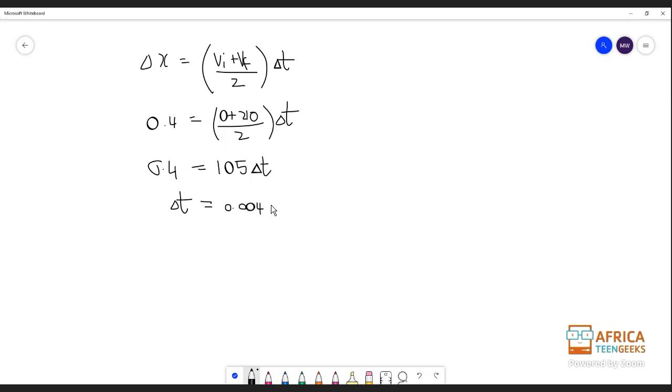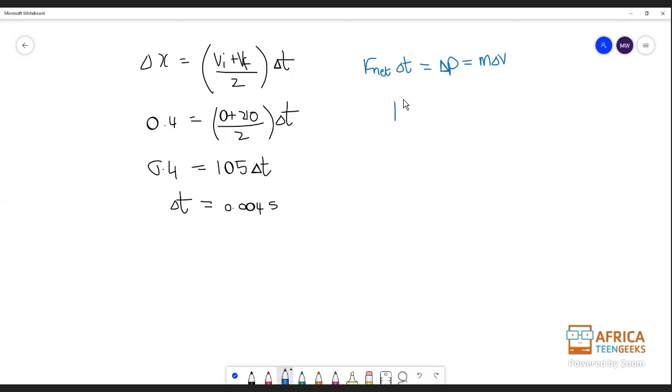0.004 seconds. Then we're going to go back and use the formula F net delta t is equal to change in momentum, which is just m times delta v.